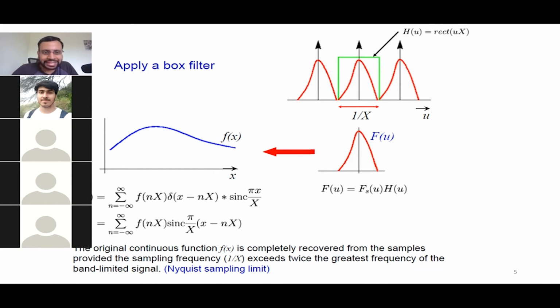Exactly, right. Fs of x, the sampled version of your continuous time domain signal, you are convolving it with a sinc function. If you recollect, at integer multiples only the sinc placed at that value would contribute, and at non-integer values it would be reconstructed with the help of all the sincs put together. Hope you remember that when we discussed sinc function reconstruction.